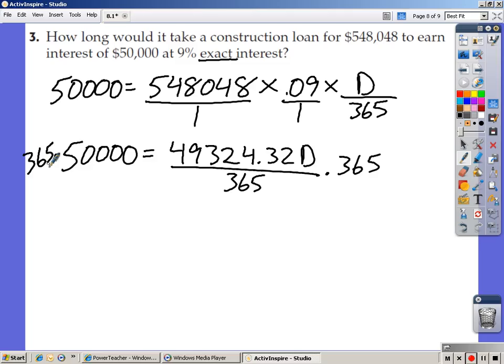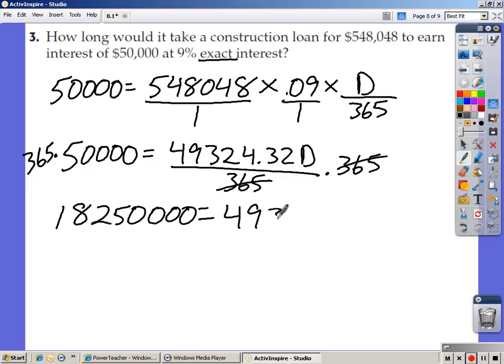Okay, it's going to cancel on the right. 365 times 50,000. Nice big number. 18,250,000 equals 49,324.32D.